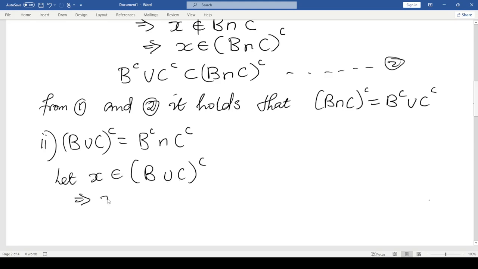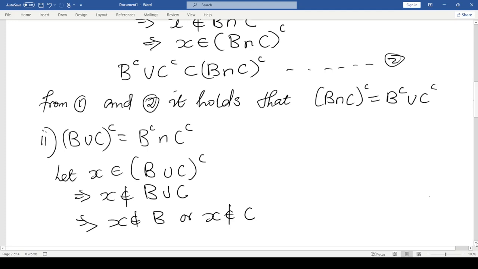So this just tells us that x here is not a member of B union C like this here. So now, if x is not a member of this here, remember what we said about union and intersection. So here we're simply just going to say x is not a member of B, and x here is not a member of C like this here.